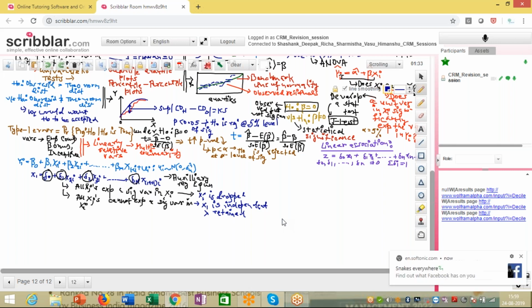So first we talk about overall goodness of fit measures for a linear regression model, and from there we'll come back. We apply these measures and see how multicollinearity can be detected.